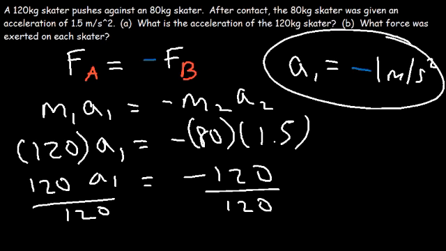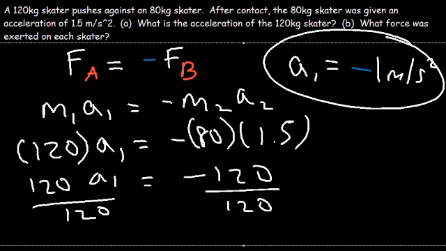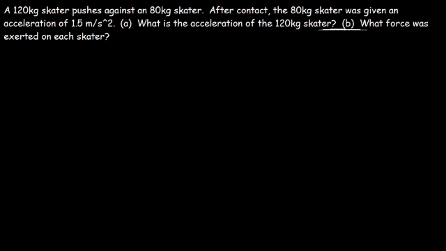But since he has a larger mass, his acceleration should be less than the skater with less mass. The skater with less mass will experience a larger acceleration. Now, what force was exerted on each skater? To calculate the force is simply F is equal to ma.